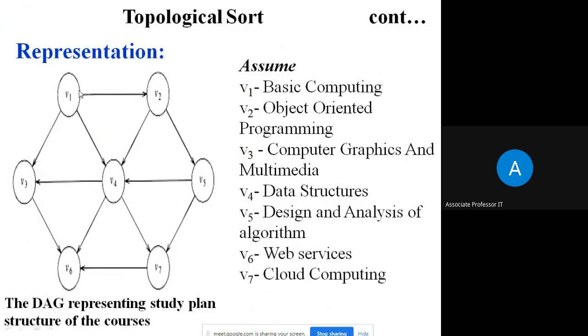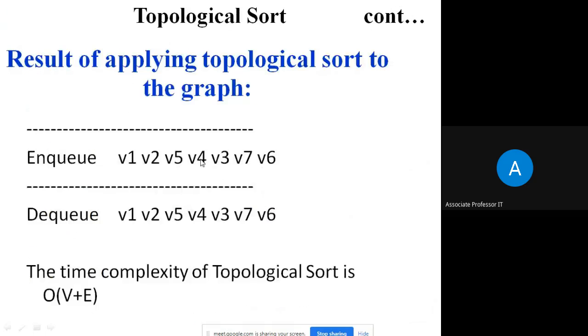Already V1, V2, V5 are deleted from the graph. The remaining vertices are V3, V4, V6, V7. Among these four, V4 has no incoming edges, so enqueue V4 in the priority queue.